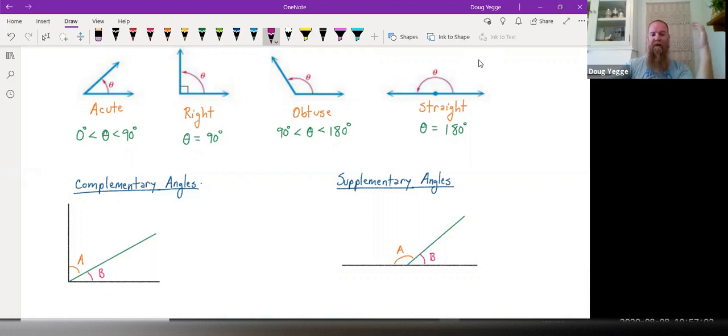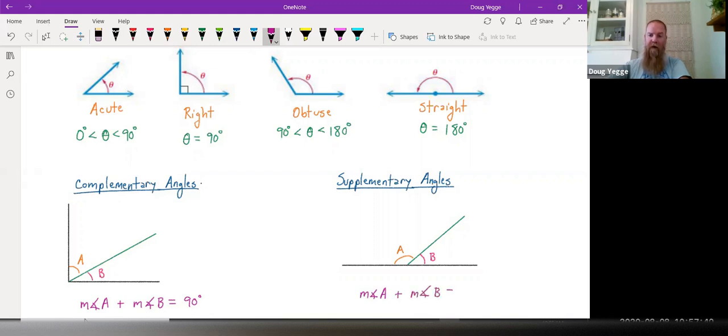It doesn't really make sense to say A plus B equals 90 degrees because A and B are just names of the angles. So what we often say when we're referring to the measure of that angle is that we say the measure of angle A plus the measure of angle B is equal to 90 degrees. And therefore A and B are considered complementary angles. Supplementary means that A and B, or the measures of A and B, would have to add up to be 180 degrees.